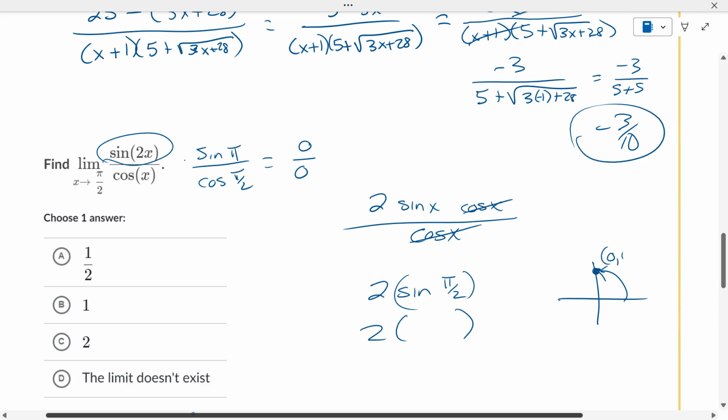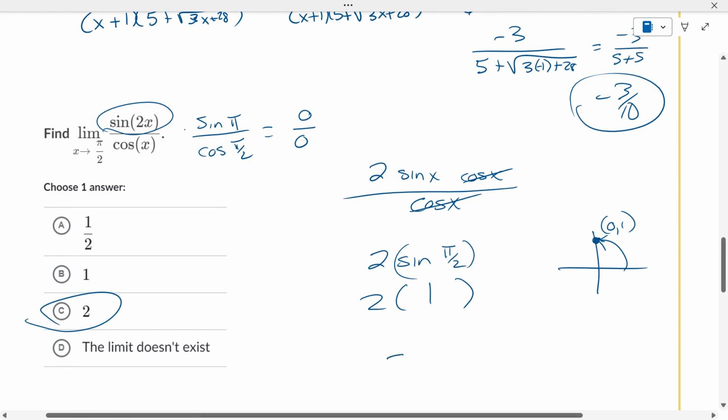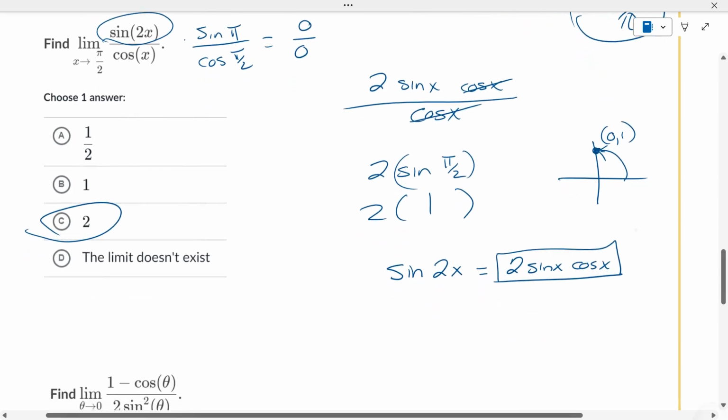That's the point 0, 1, so the sine would be 1. 2 times 1 is 2. So one thing to write down, you need to remember that the sine of 2x is 2 times the sine of x times the cosine of x. That is a trig identity that you'll need to know.